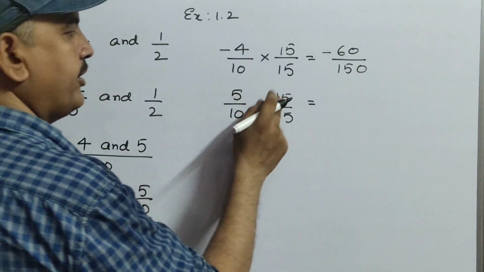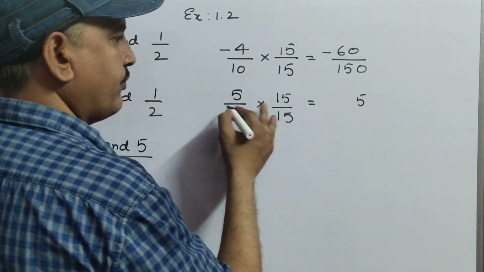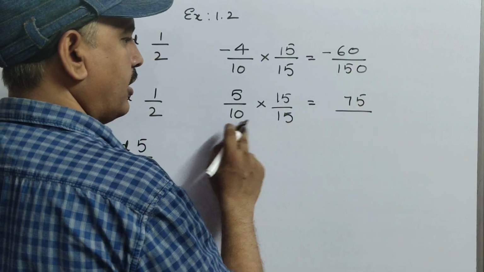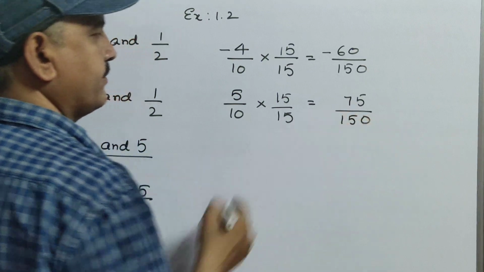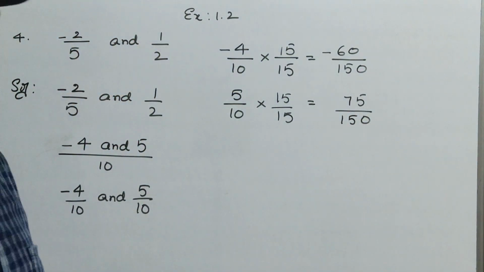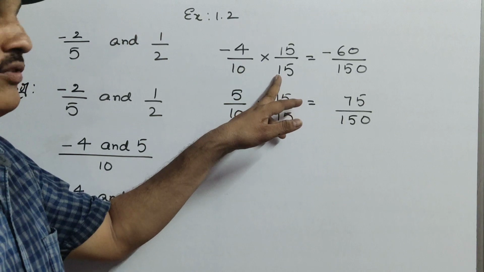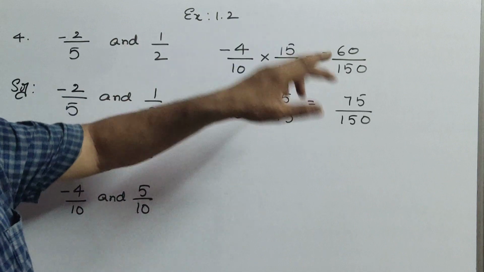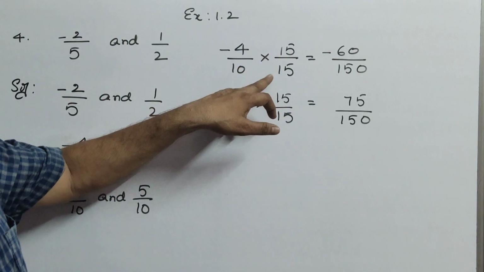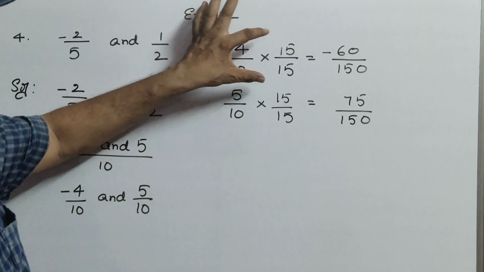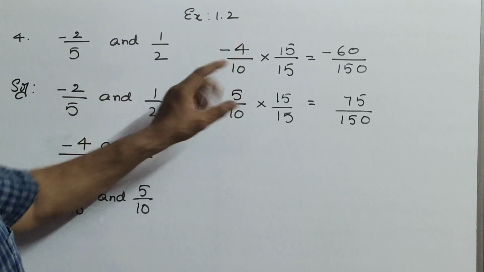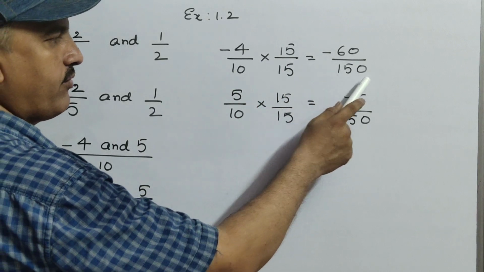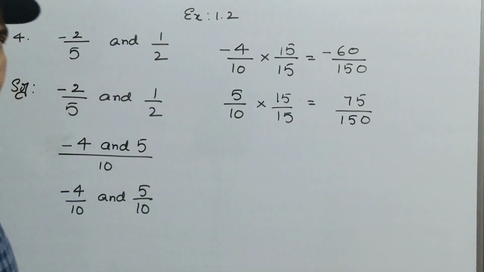Next. 5 into 15, 5 5s are 25, 2, 5 1s are 5, 2, 7. 15 into 10, 150. He asked the question 10, so we took 5 extra, 15. So after multiplication you got minus 60 by 150 and here 75 by 150.